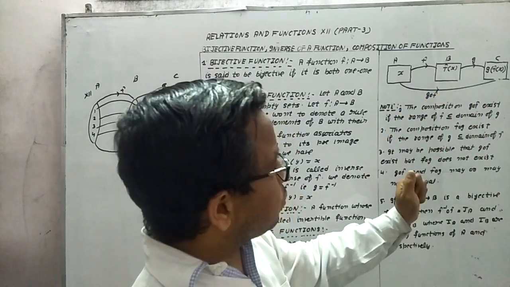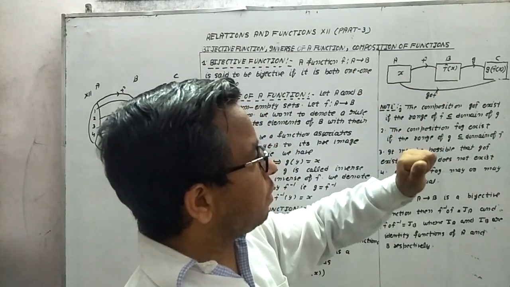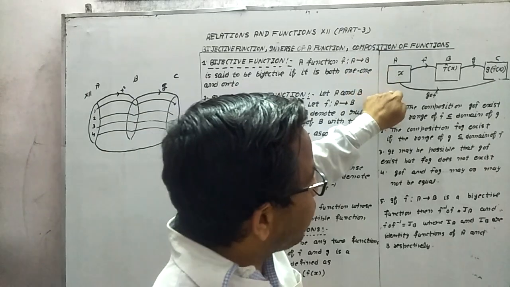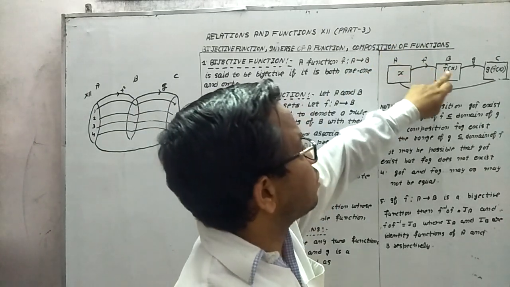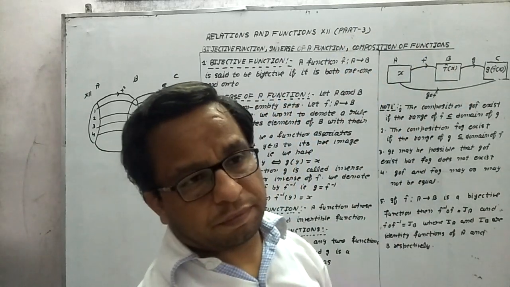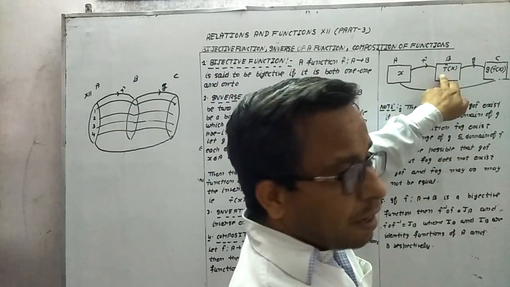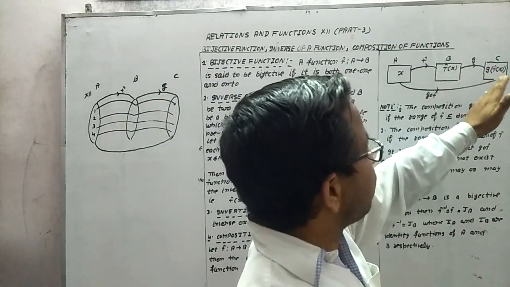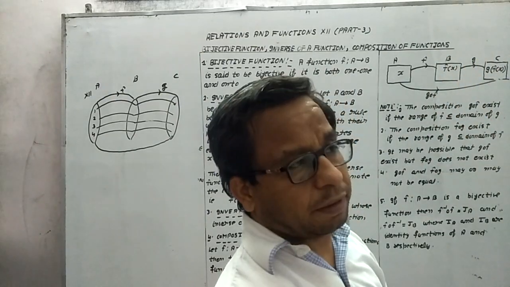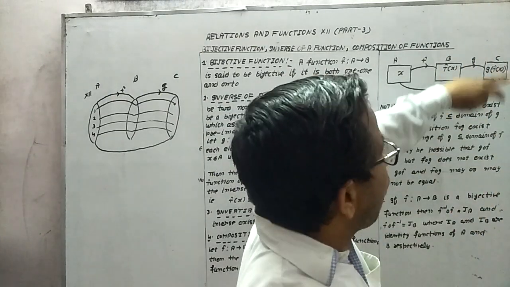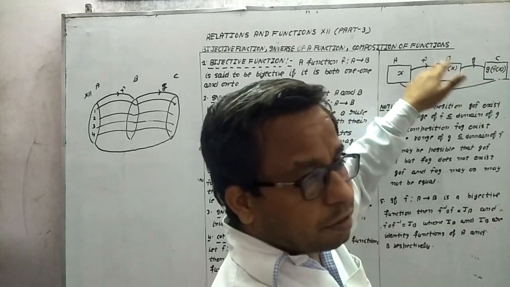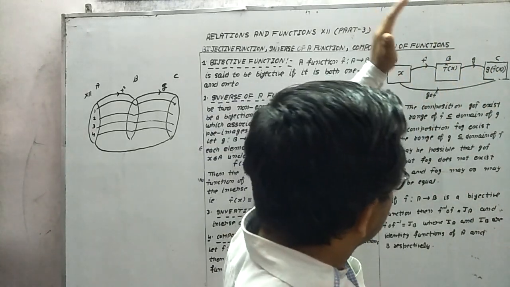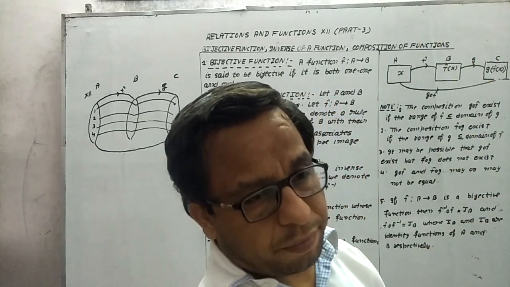There are a few terms. If this is a composite function, then gof will exist only if the range of f is a subset of the domain of g. See, for g this is the domain, and the range of f should be a subset of the domain of g. The composition fog will exist if the range of g is a subset of the domain of f.